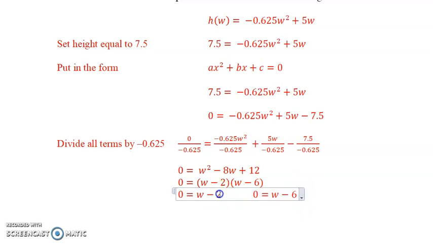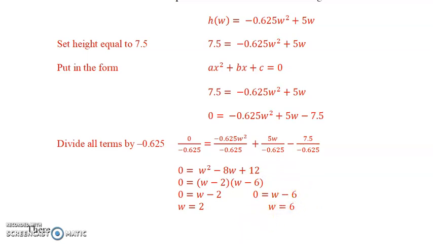Okay. And W is equal to 2. And W is equal to 6. Add 2 to both sides. Add 6 to both sides, and we get W equals 2 and W equals 6.